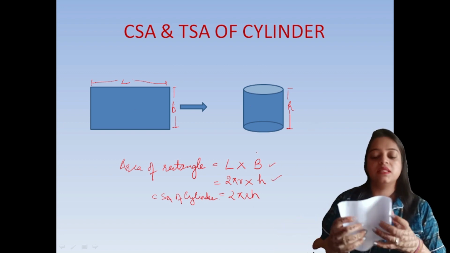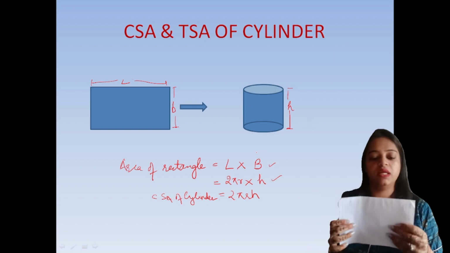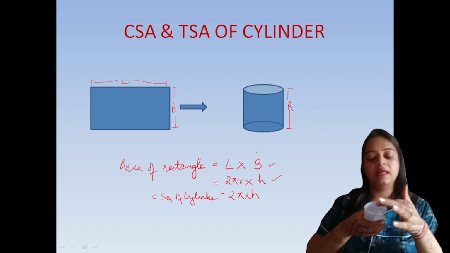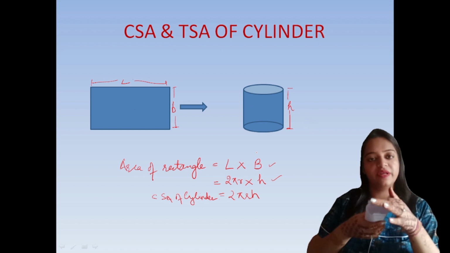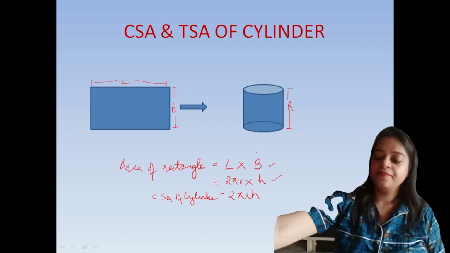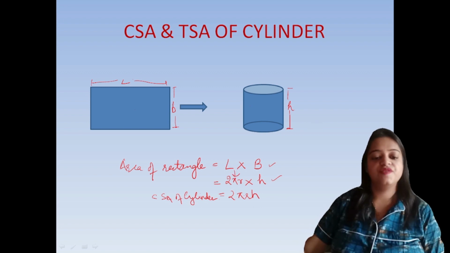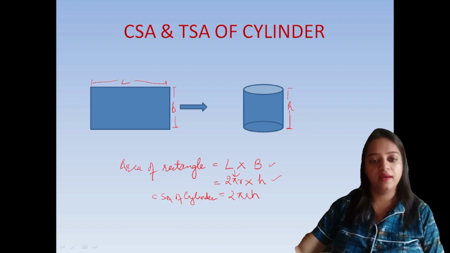And this length of rectangular sheet takes a curved shape, a circular shape, and length of circle is circumference. Formula is 2 pi r. So length of rectangle now becomes 2 pi r. So curved surface area of cylinder is 2 pi rh. r is your radius of cylinder, and h is height of cylinder.